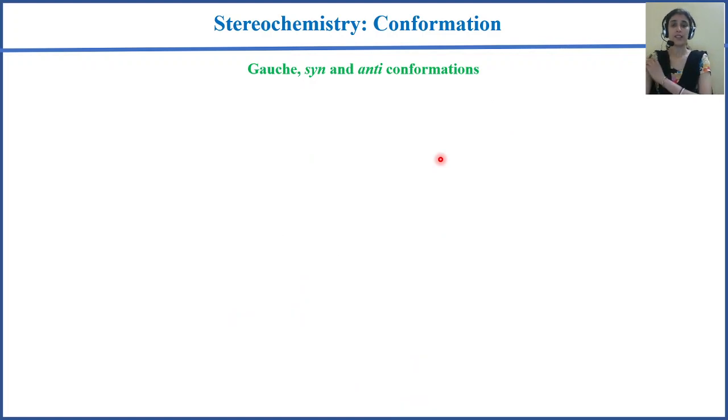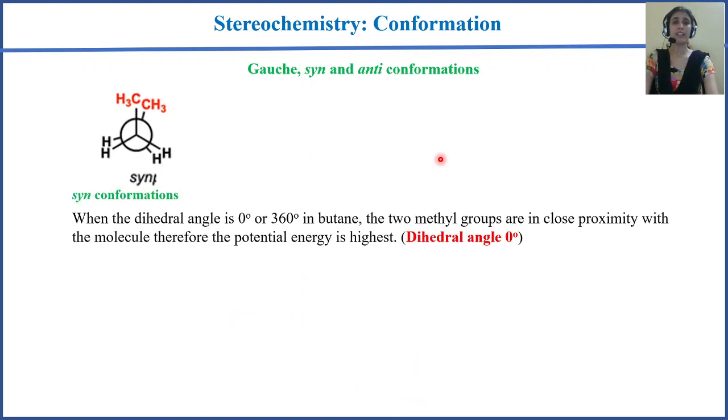Now, after knowing that conformational analysis, we will discuss the syn conformation. When the dihedral angle is 0 or 360 degrees in butane, the two methyl groups are in close proximity within the molecule.